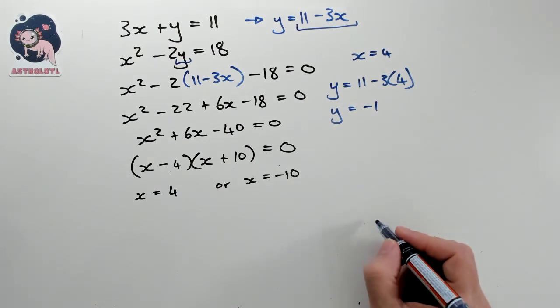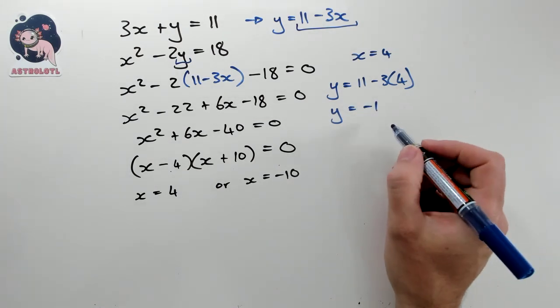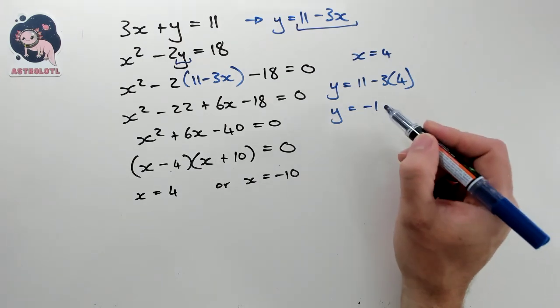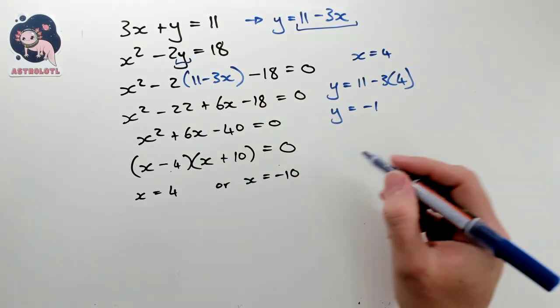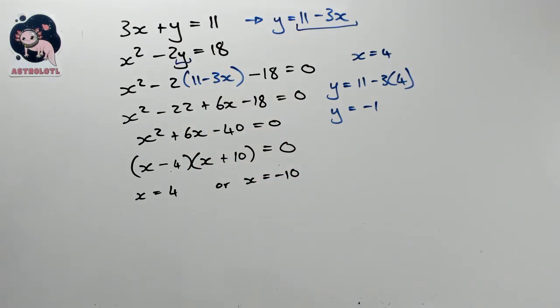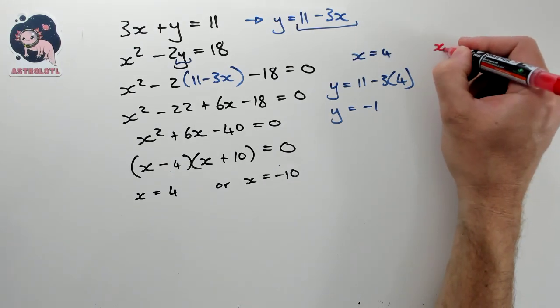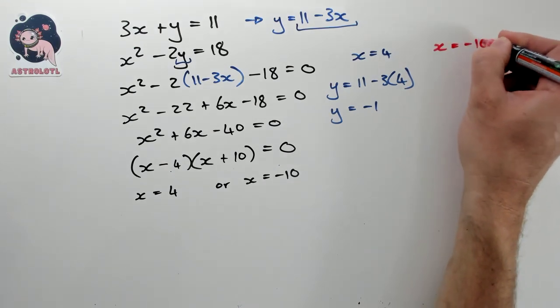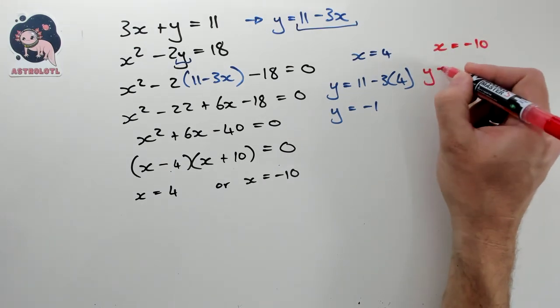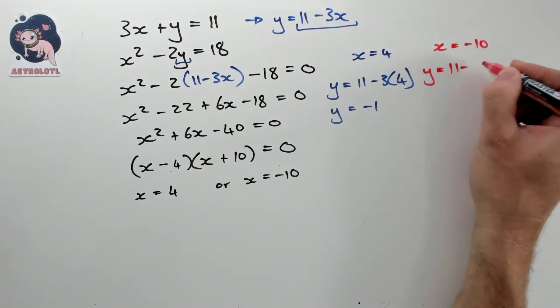So one coordinate would be 4 and negative 1, where these two lines cross. And the other one, if x is negative 10, then y is 11 minus 30, right?